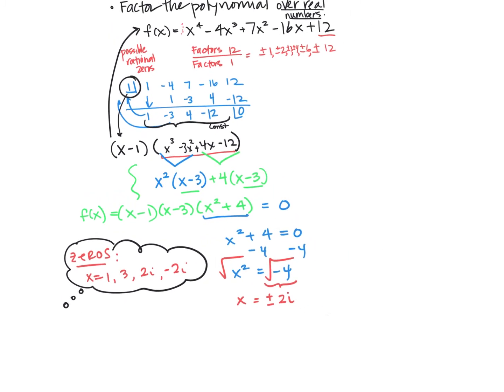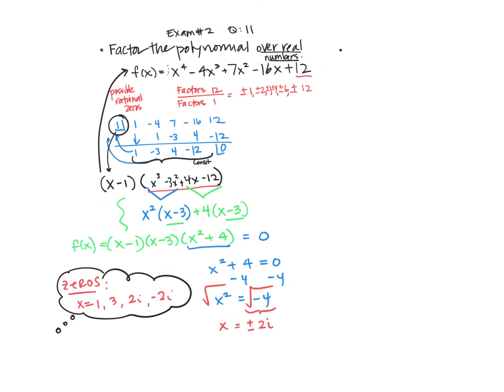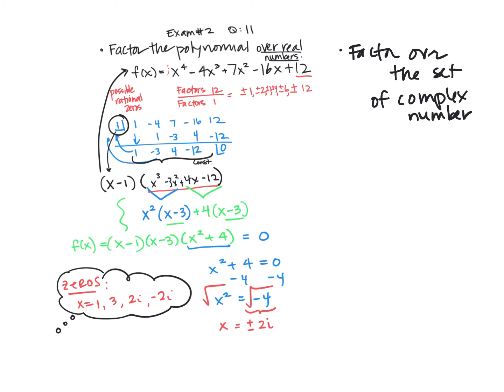It wanted us to factor over the real numbers, and then it said to factor over the set of complex numbers. The set of complex numbers means it wants us to have linear factors. That means no x squareds or anything like that, just degree 1.